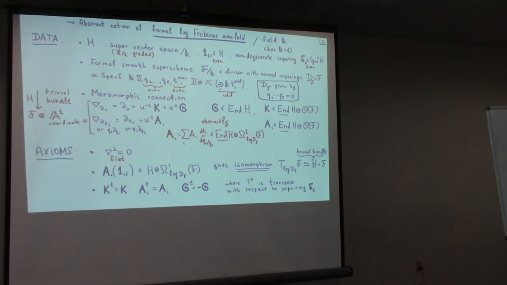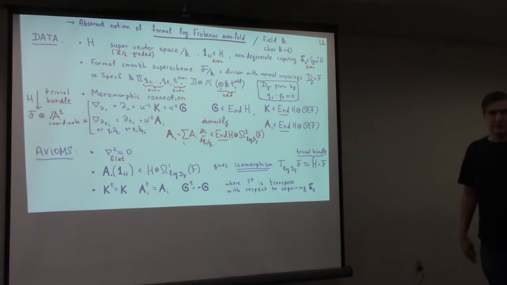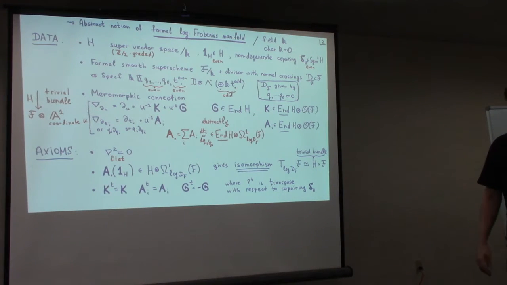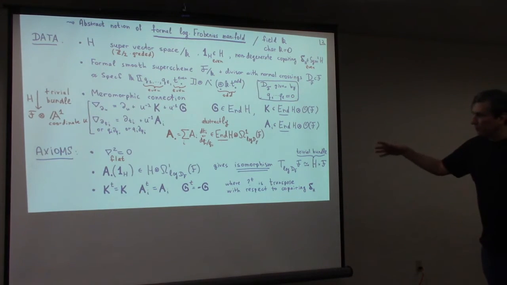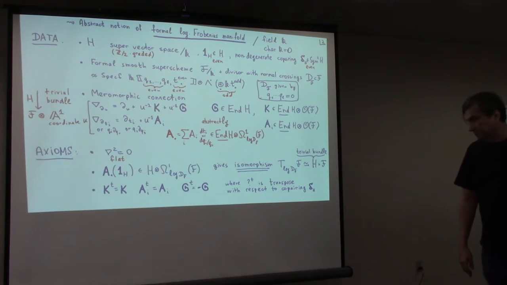And the axiom is that this thing gives an isomorphism of the logarithmic tangent space and the trivial bundle. When you get this, you pick any coordinate in H, you get a one form, a logarithmic form on the Frobenius manifold. It will be a closed form. It will be the differential of some function. That's how you fix flat coordinates in this situation.